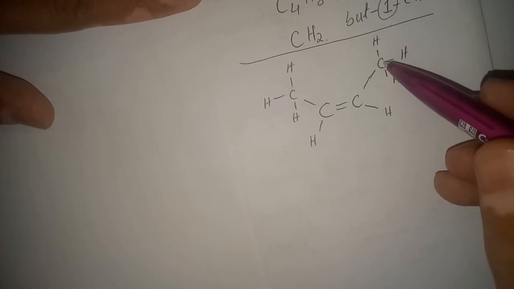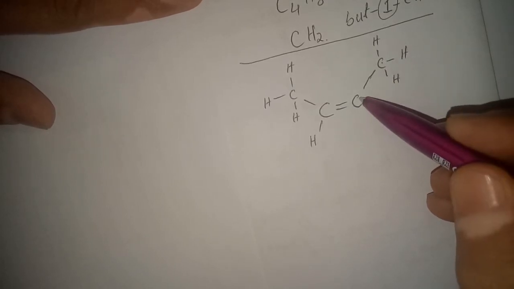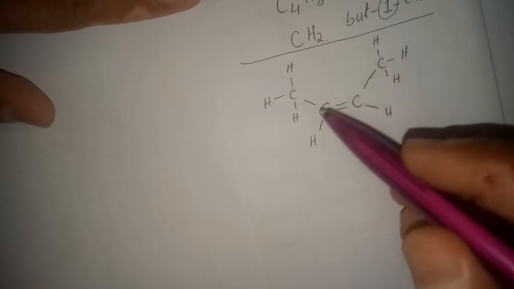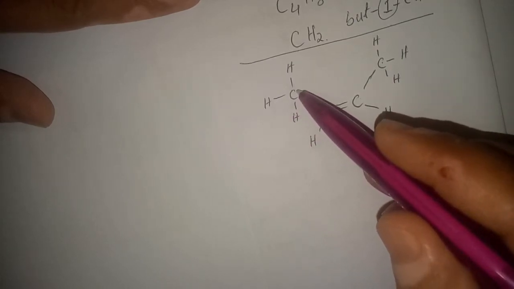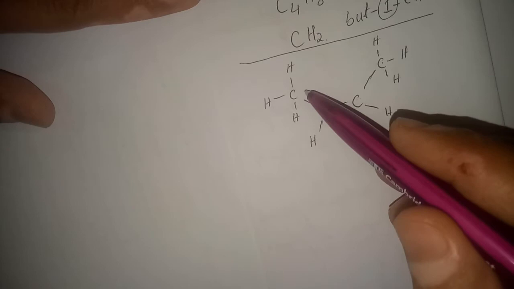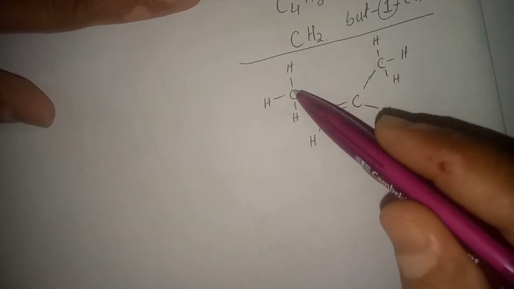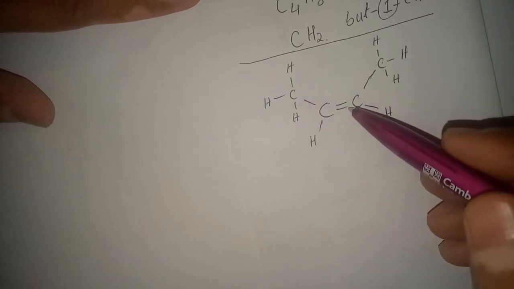If we start numbering from the right side carbon atom, this will be carbon 1 and the double bond will start at carbon number 2. And if we start numbering from the left side, then 1, 2, so it will be carbon number 2 again.